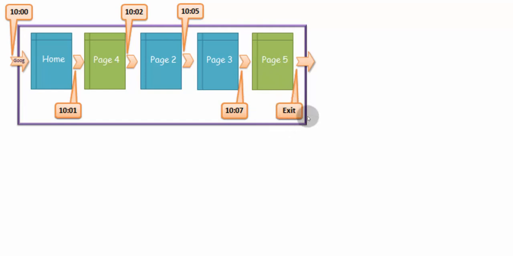Let's assume that he exits your website at 10:10 a.m. Then the time span that he spent on your website from the home page till page 5 will be taken as the time spent on your site.